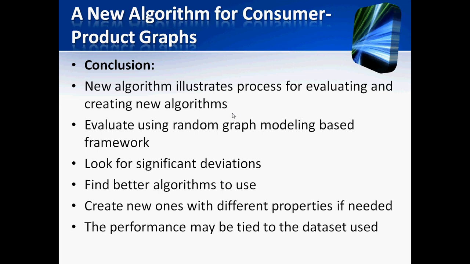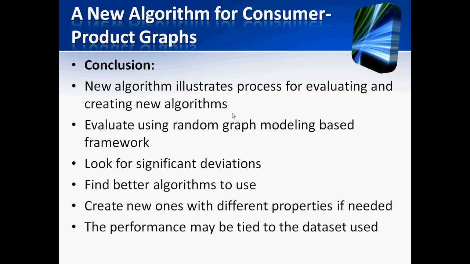Their conclusion, okay, the new algorithm illustrates a process for evaluating and creating new algorithms. It wasn't just the fact that they had created one that could work better in that particular data set, it was how they did it. They used this random graph modeling based framework to look at deviations, and then they attempted to find better algorithms. They tried the recommender algorithms, and then they decided they were going to try and find something that would solve the problem with that clustering coefficient, and they did in that particular data set.